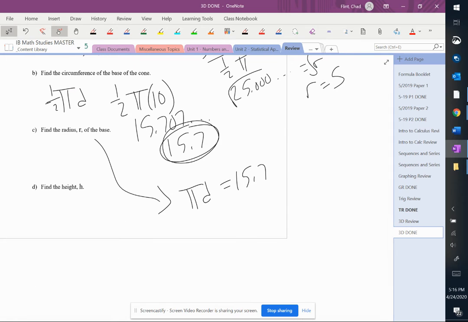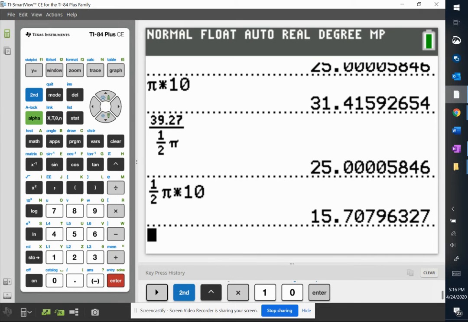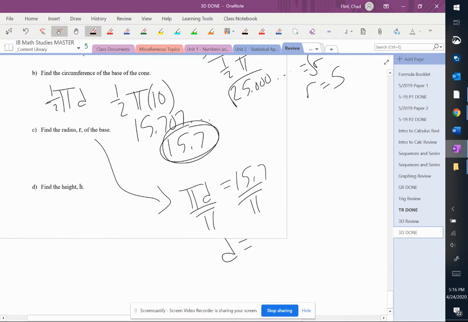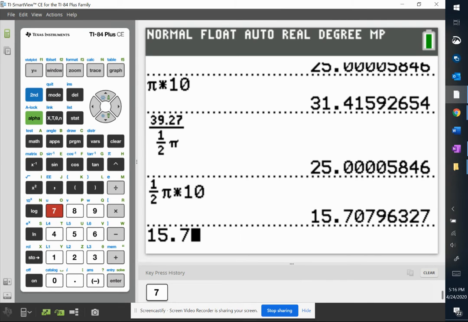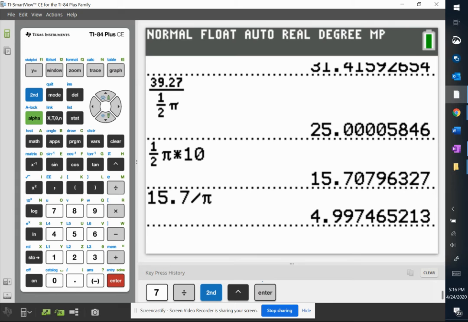So that means I'm going to solve this by dividing by pi. And that's going to give me that the diameter is probably pretty close to 5. Let's see, 15.7 divided by pi. 4.99, so it's going to be pretty close to 5.